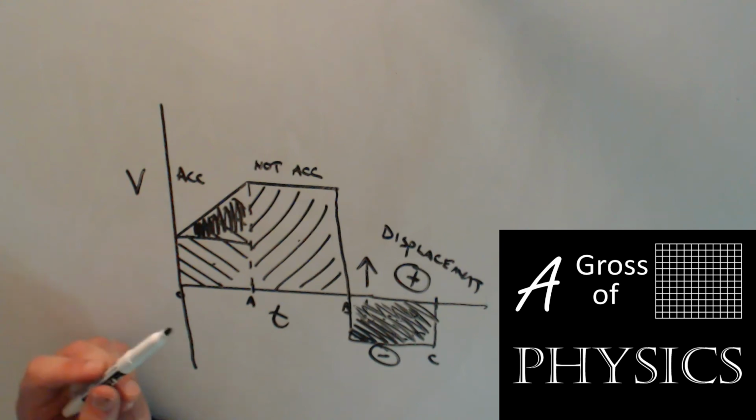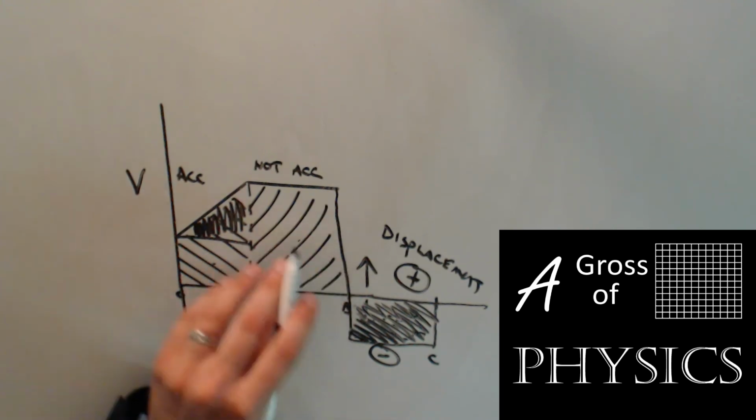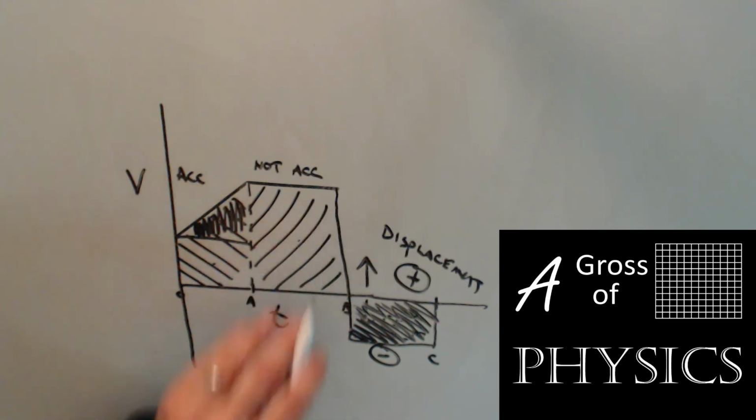And that's just by look, visually. So a conceptual question that could be asked without numbers would be, is the displacement at the end of the journey from 0 to C positive or negative? And just by seeing that there's more space under here, you could conclude that the net displacement would be positive. We end up away from home more positively than negatively.